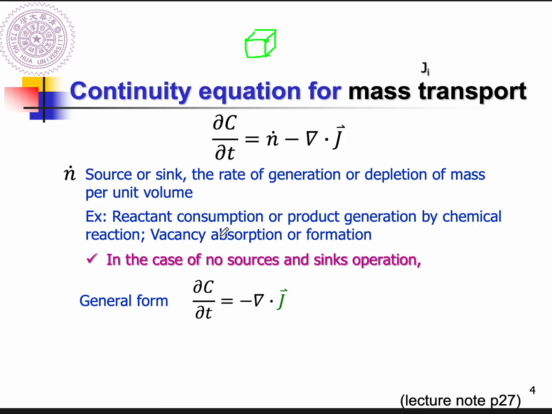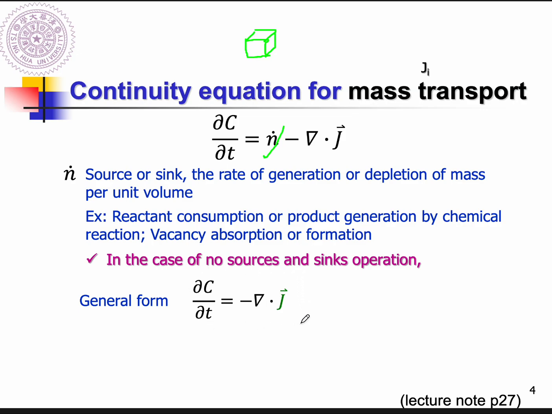So we assume no chemical reaction happens, only mass transport. So we assume there's no source or sink, and we delete this term. So the general form of the continuity equation can be expressed like this.